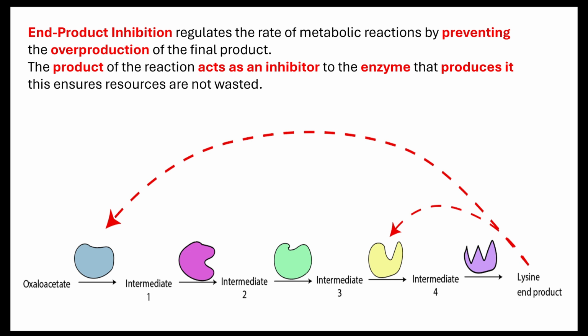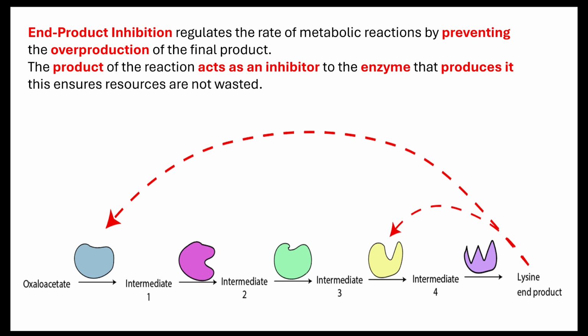So therefore, in this case, you will learn about oxaloacetate and the fact that there are lots of intermediates that are necessary to result in you being able to produce ATP as part of the Krebs cycle. Well, there is an end product called lysine.